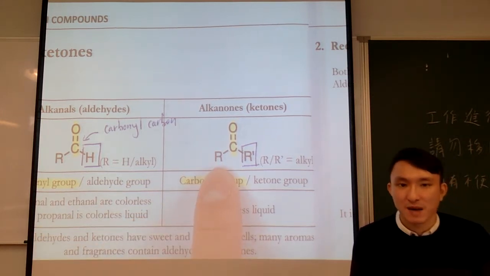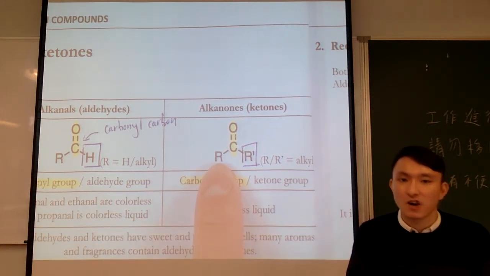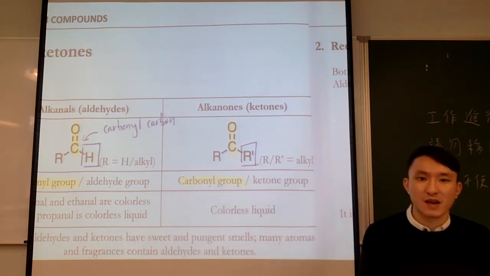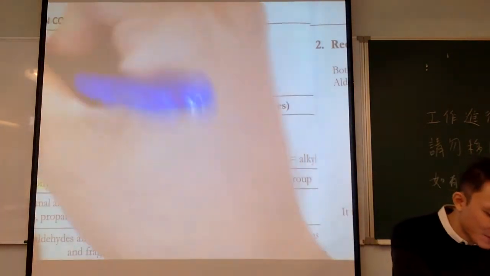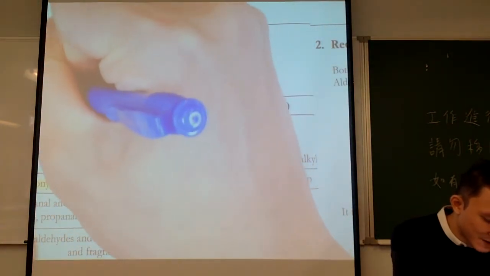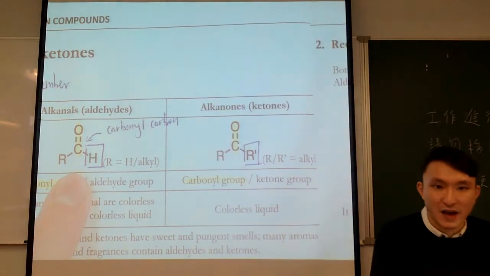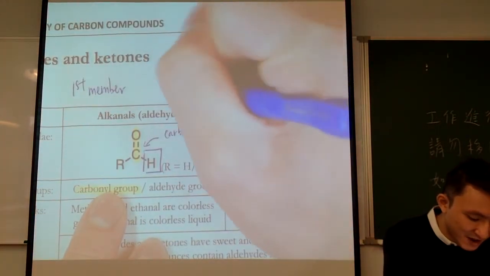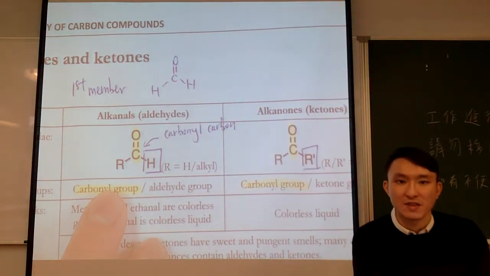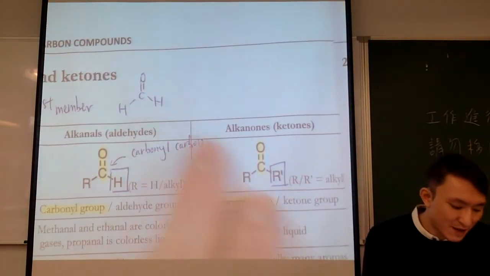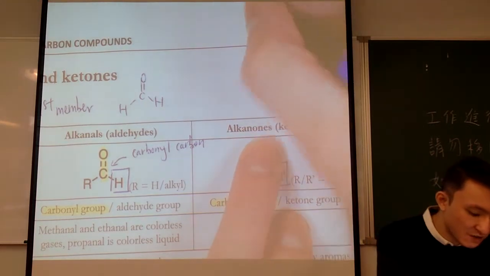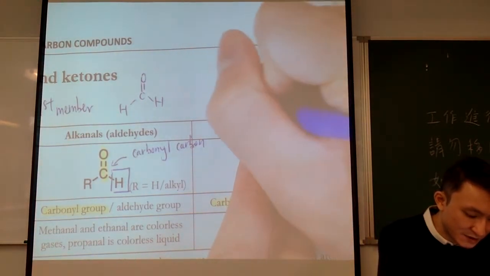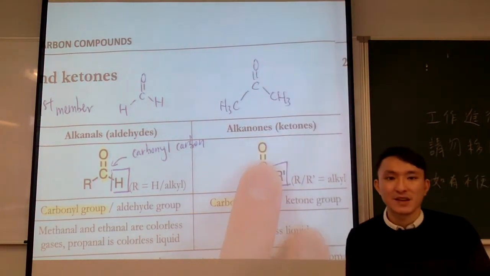Therefore, the first member of ketone is already 3 carbons, which is propanone. Let's put it down. The first member for aldehyde is methanal, with 1 carbon only. But the first member of ketone already has 3 carbons. So bear in mind.